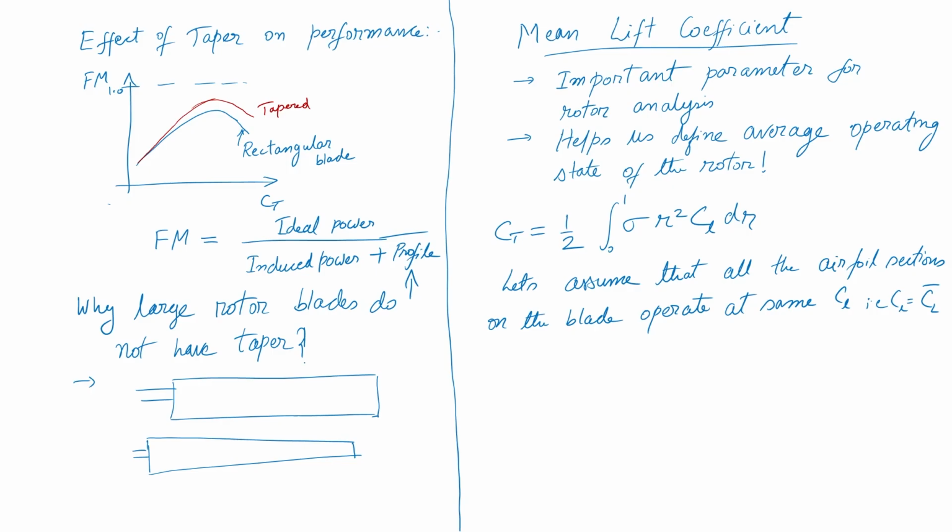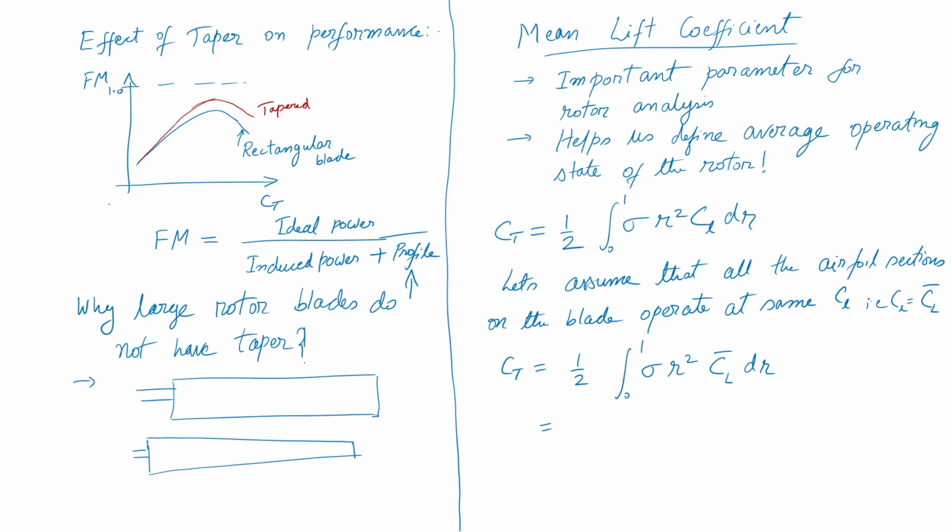This is like an average CL, obtained by combining all the CLs which are there. If I use that, my CT will become half sigma integral of r square CL bar dr.